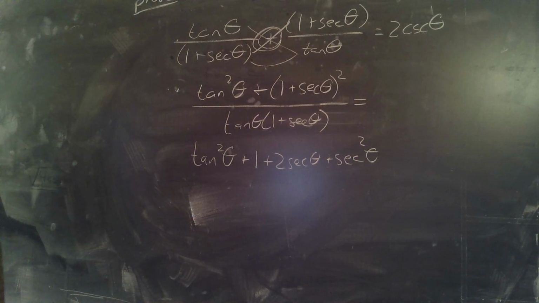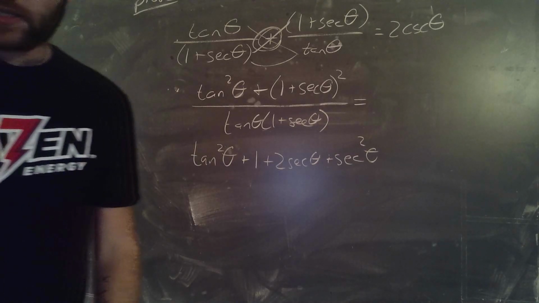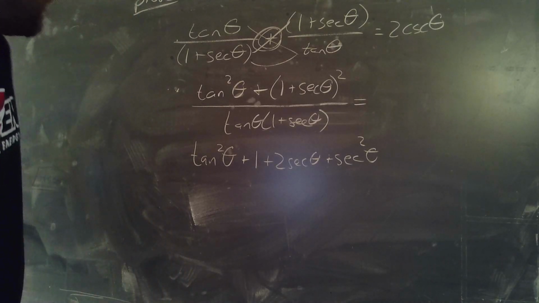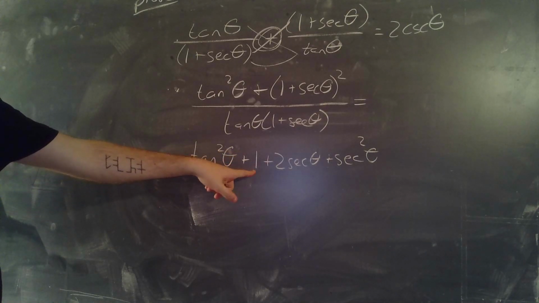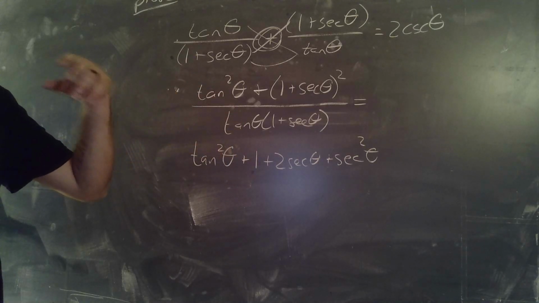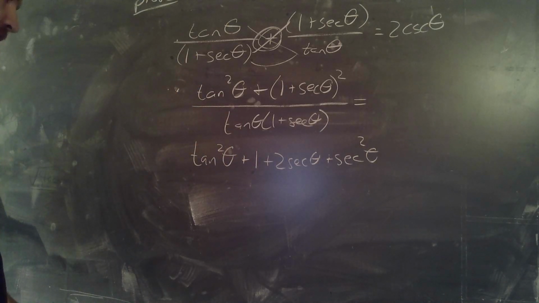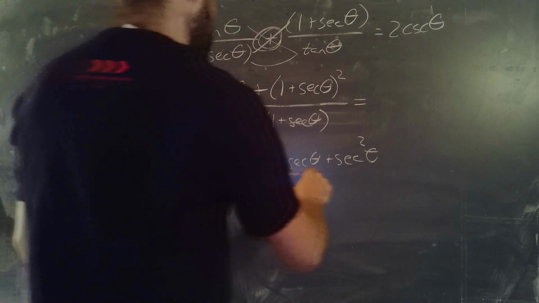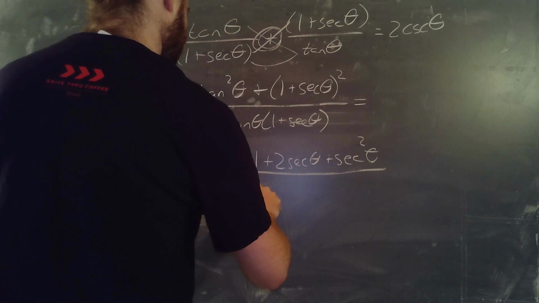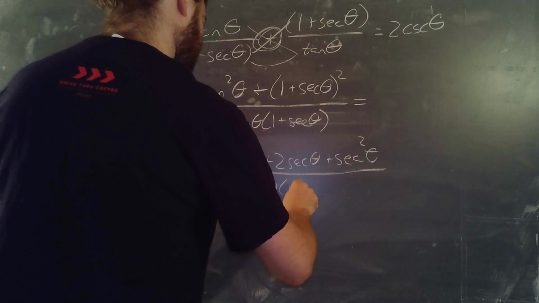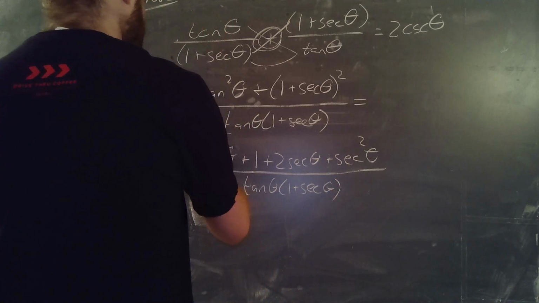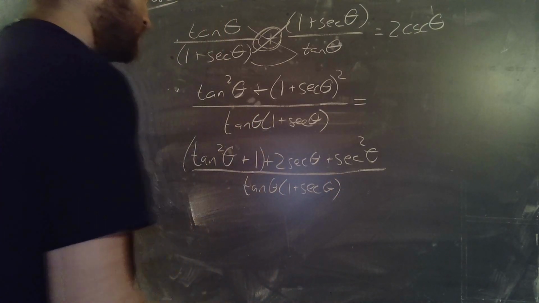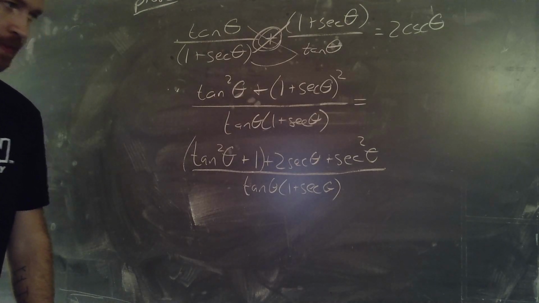All right, so now you have, I guess, a choice here. So first of all, I can notice that tangent squared plus 1 is the Pythagorean identity that's on our hexagon. Should probably write the denominator here. And so that allows me to change this entire tangent squared plus 1 into a secant squared.